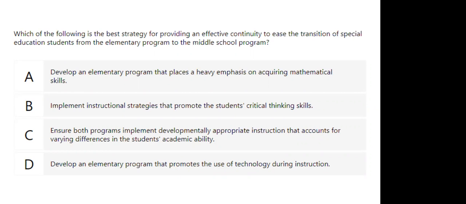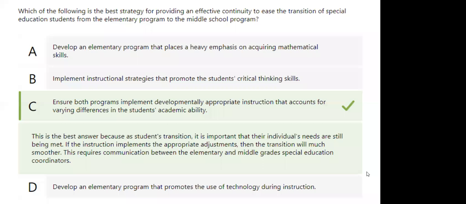All right, the correct answer for this one is C. This is the best answer because as students transition, it's important that their individual needs are still being met. If the instruction implements the appropriate adjustments, then the transition will be much smoother. This requires communication, of course, between the two schools, elementary and middle, and then between middle and high, and then from high to post-high school.